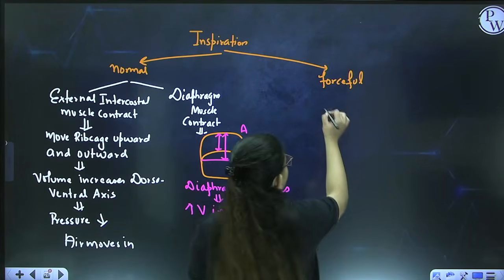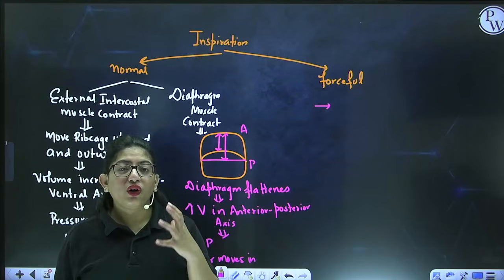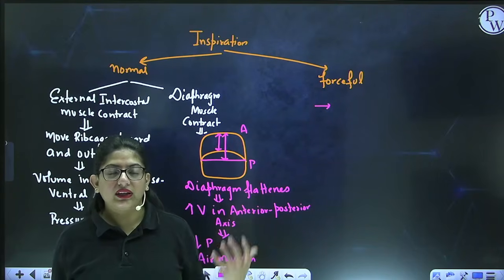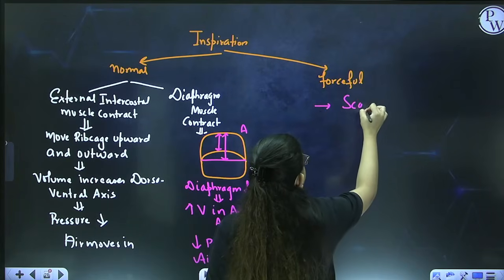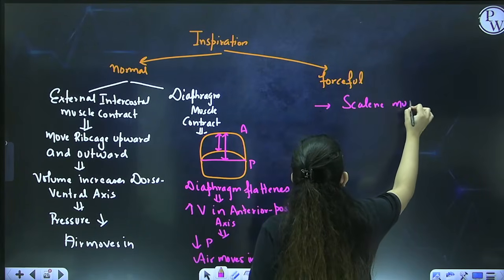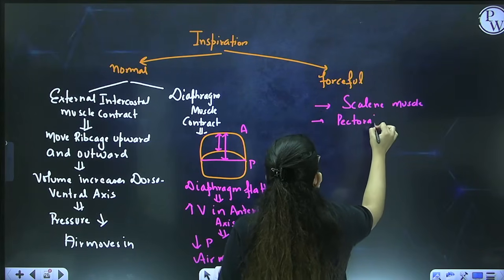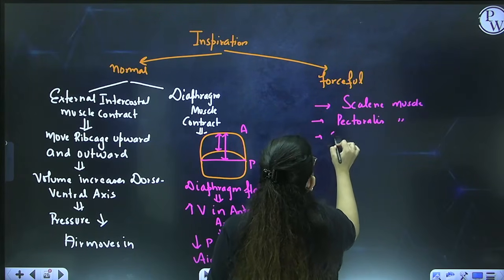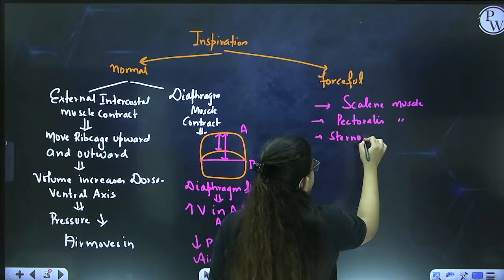Fine. What about forceful? In the forceful kind of inspiration, what happens? Other muscles contract. These muscles are present toward this portion. What are these named? Scalene muscle, pectoralis, and sternocleidomastoid. All these are muscles which are present around your rib cage.